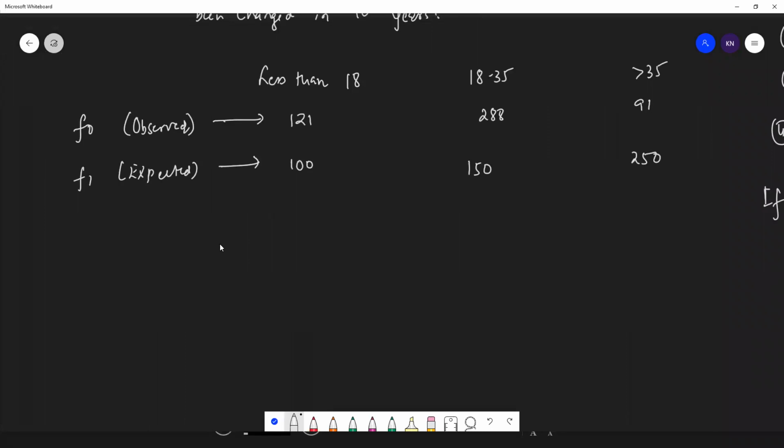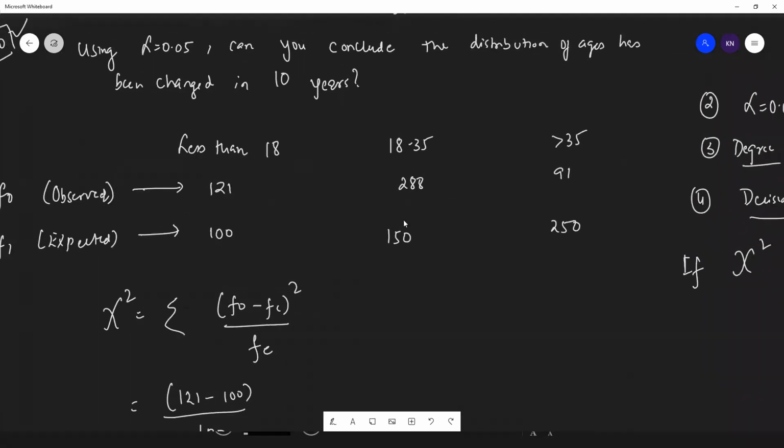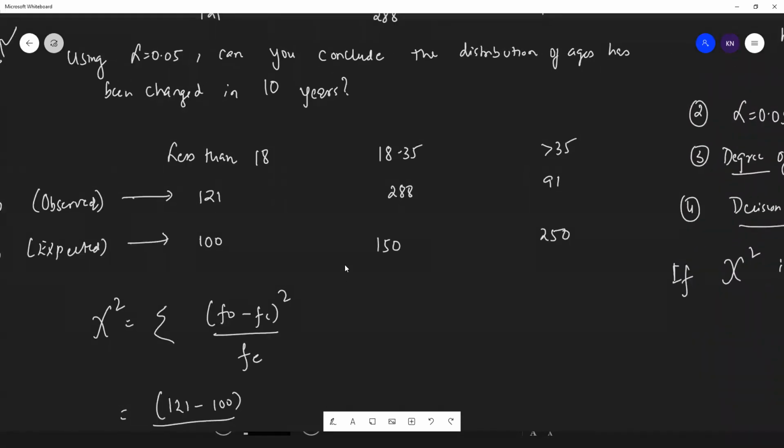So my formula will be the summation of (F0 minus Fe) whole squared, divided by Fe. If I calculate, for less than 18, it is 121 minus 100 divided by 100. Guys, I hope everybody understood how we calculate this. It's very simple.